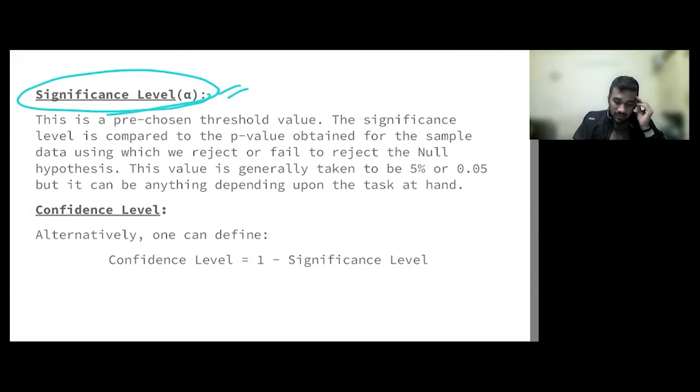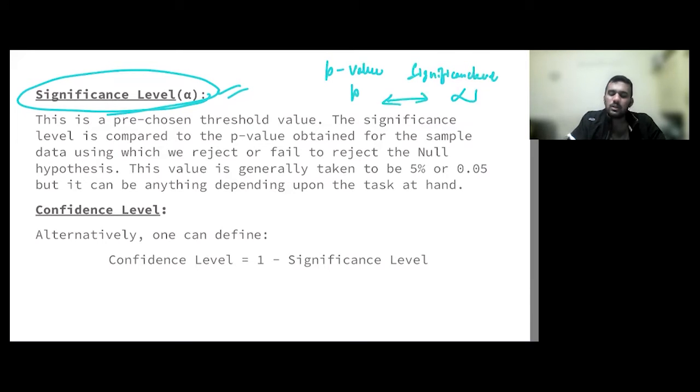So this is basically a pre-chosen threshold value that represents our confidence level in the dataset. For different datasets, this is different. So on the basis of comparison of p-value, that is denoted by p, and significance level, that is represented by, let's say, alpha.